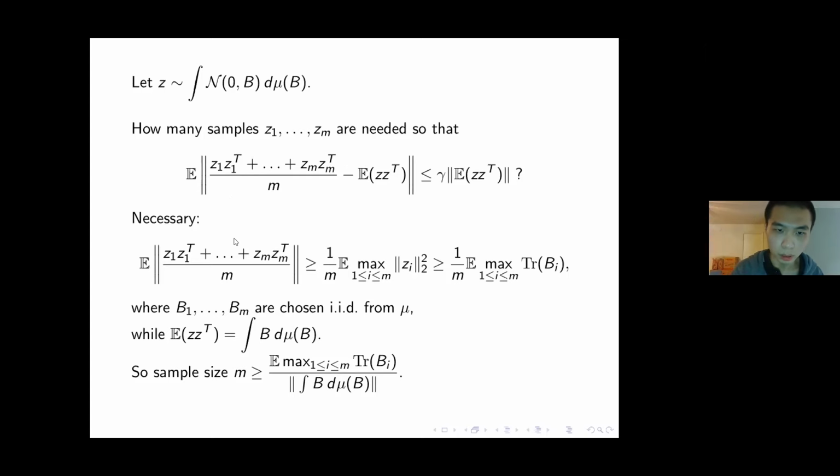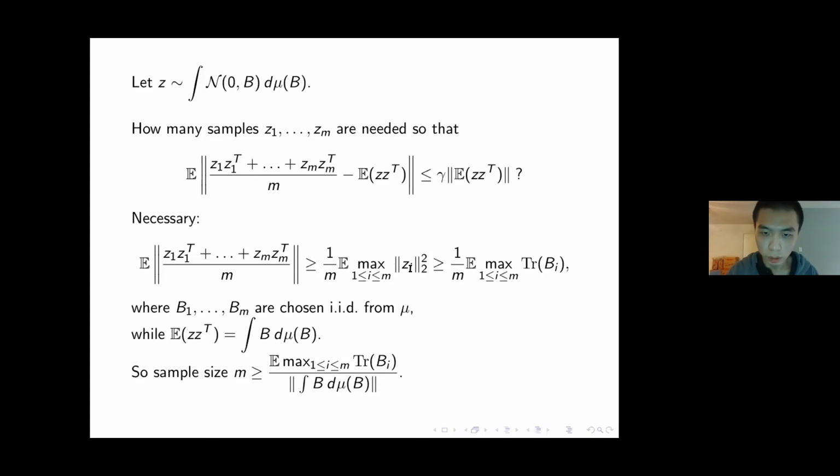Well, at least this number of samples is going to be needed, because if we take the spectral norm of this one, the norm of the sum is at least the norm of each of them. And the norm of any one of them is norm of zi squared. So the norm of the sum is at least the max of the norm of any of them, okay?